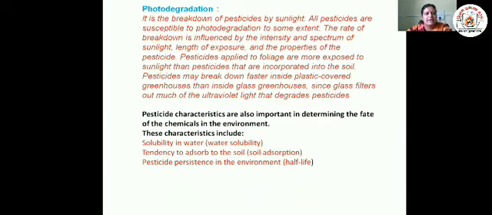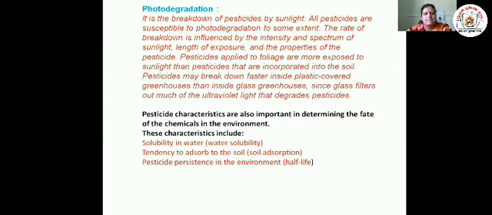Photodegradation or light degradation. It is the breakdown of pesticides by sunlight only. All pesticides are susceptible to light degradation to some extent. The rate of breakdown by light is influenced by the intensity and spectrum of sunlight, the length of exposure, and the properties of the pesticides.